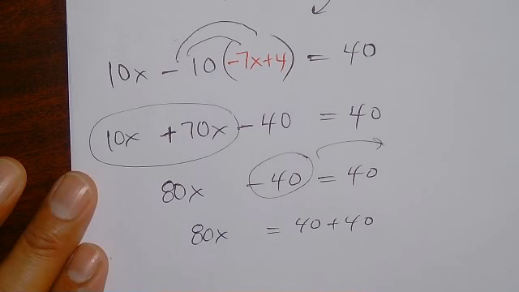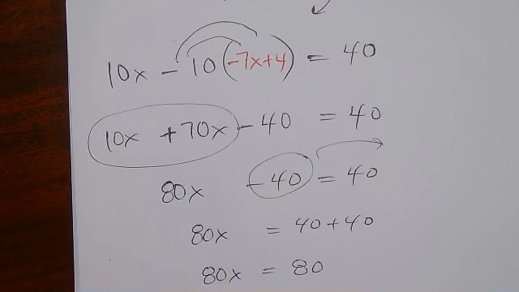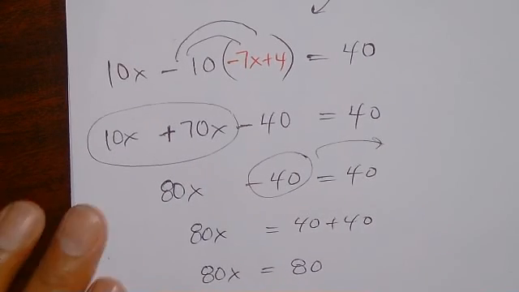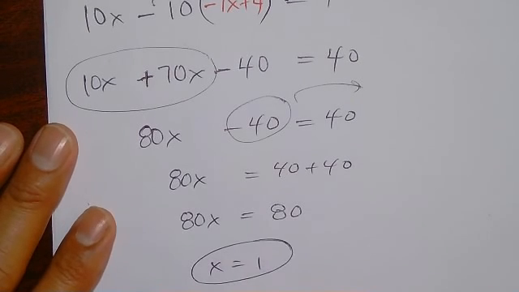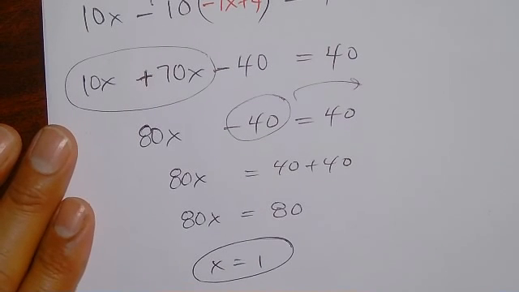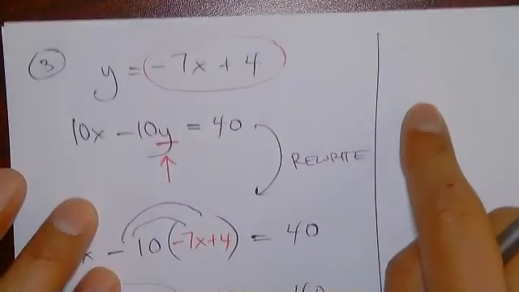When I move this negative 40 to that side, that's going to be 80x is equal to 40 plus 40. If it's negative here, isn't it going to be positive over here? 80x equals 80. I don't need a calculator for this. x equals 1. I got the answer for one coordinate. I got x equals 1.